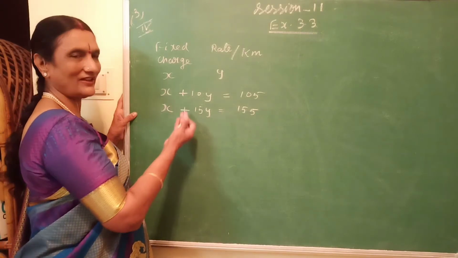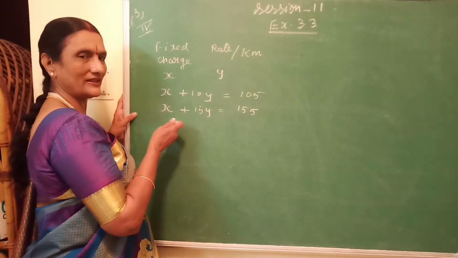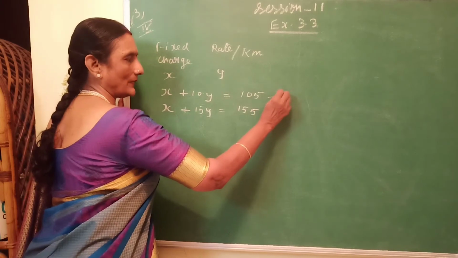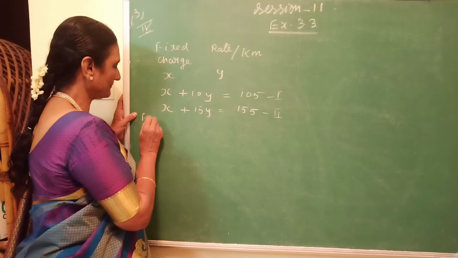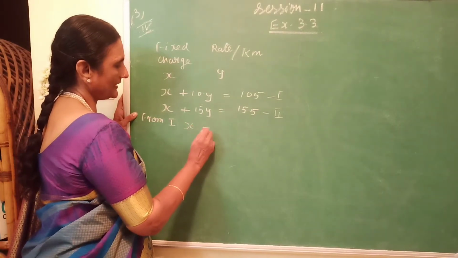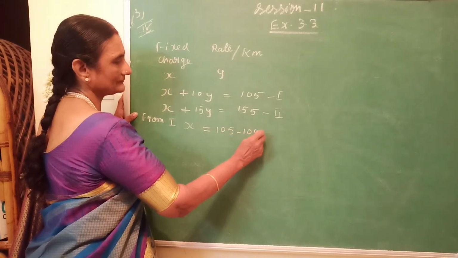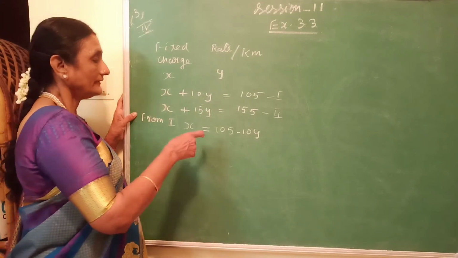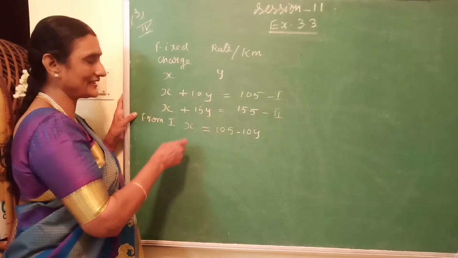So straight away we have got x here. So from any one of the equations we can take the value of x. So let us number the equations 1 and 2. So from 1 we get x is equal to 105 minus 10y. Is that clear to you? Now we are going to substitute this value in the second equation.